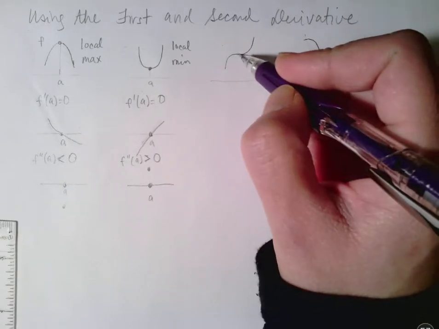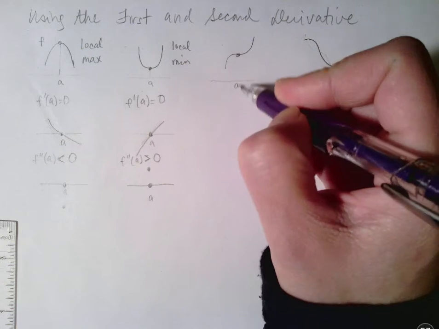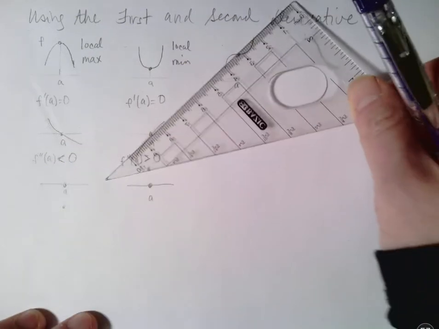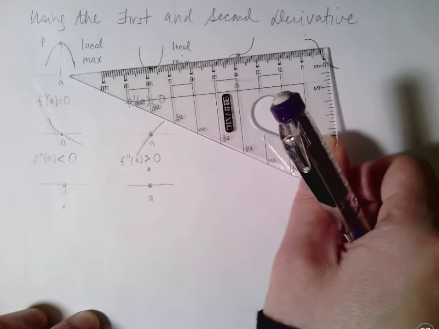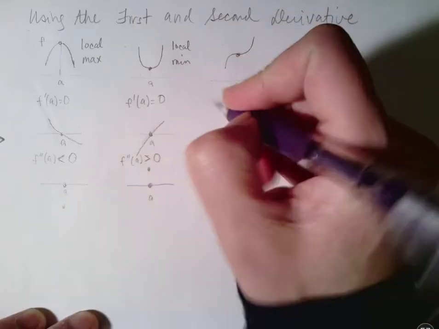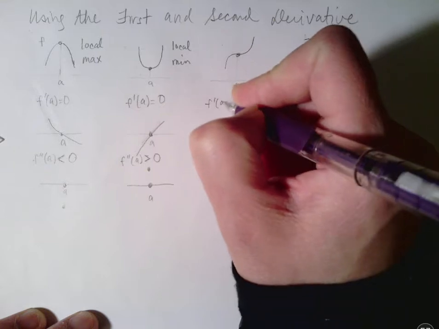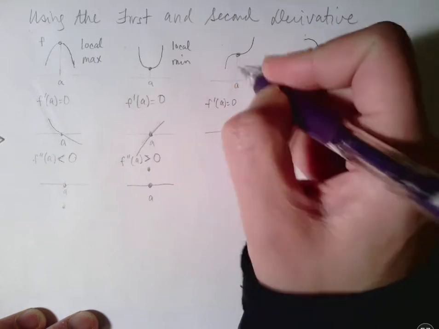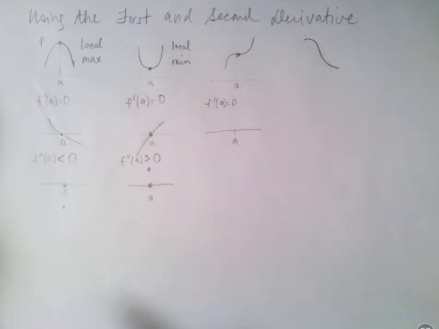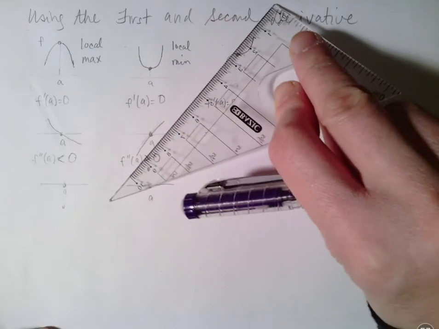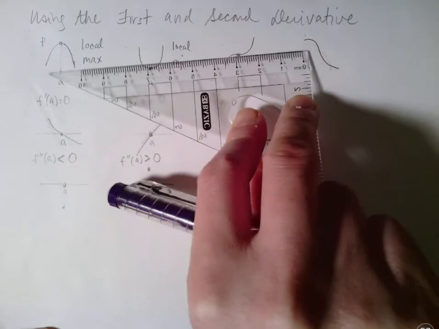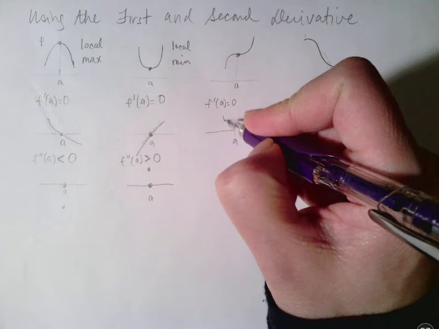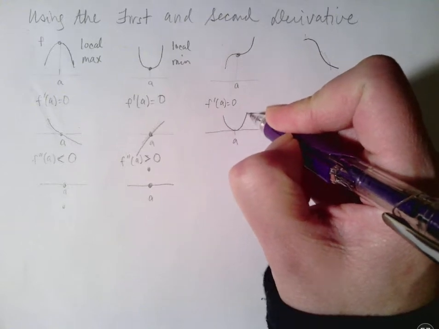Now let's take a look at this situation. I've made this very flat so that the derivative at A is 0. But notice what happens before and after A. The derivative is positive, it goes to 0, and then it's positive again.